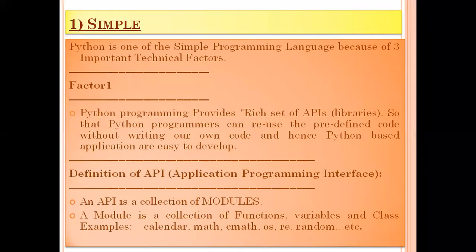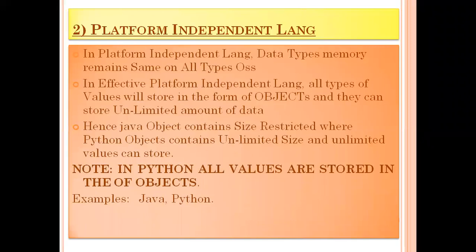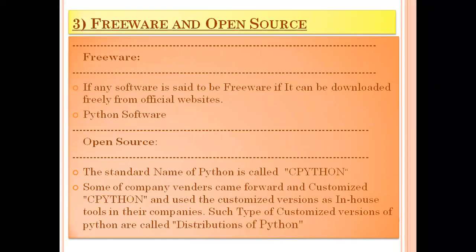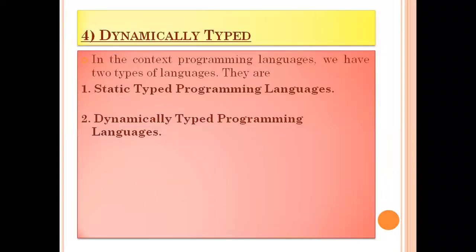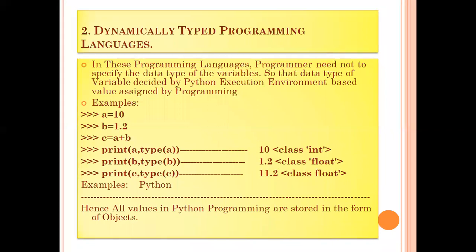We have discussed some features, that is simple, platform independent language, freeware and open source, dynamically typed language, and statically typed programming language. And what is the meaning of dynamically typed programming language? Okay, the rest we'll discuss in tomorrow's class.